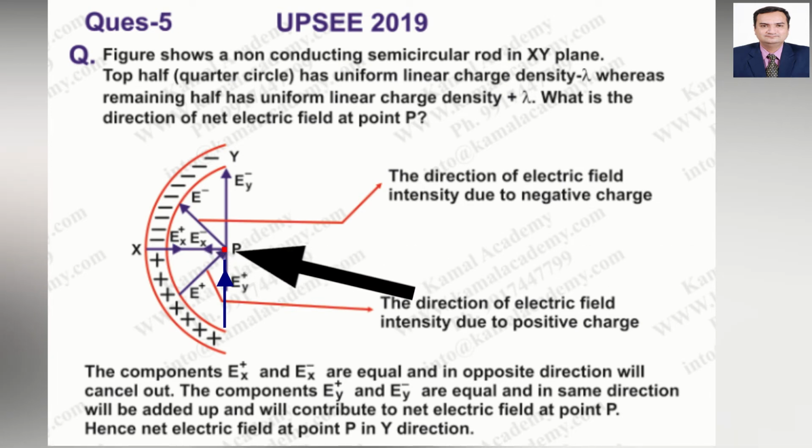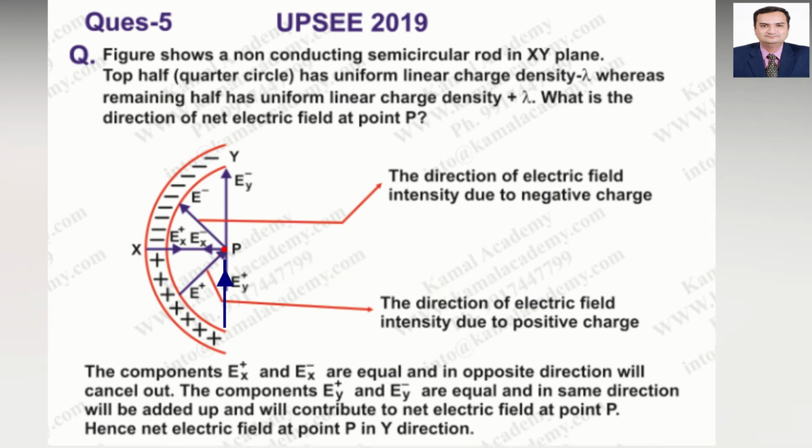We have to determine the direction of the net electric field intensity at point P. So to determine the direction of net electric field intensity at point P, we consider a positive test charge placed at point P.